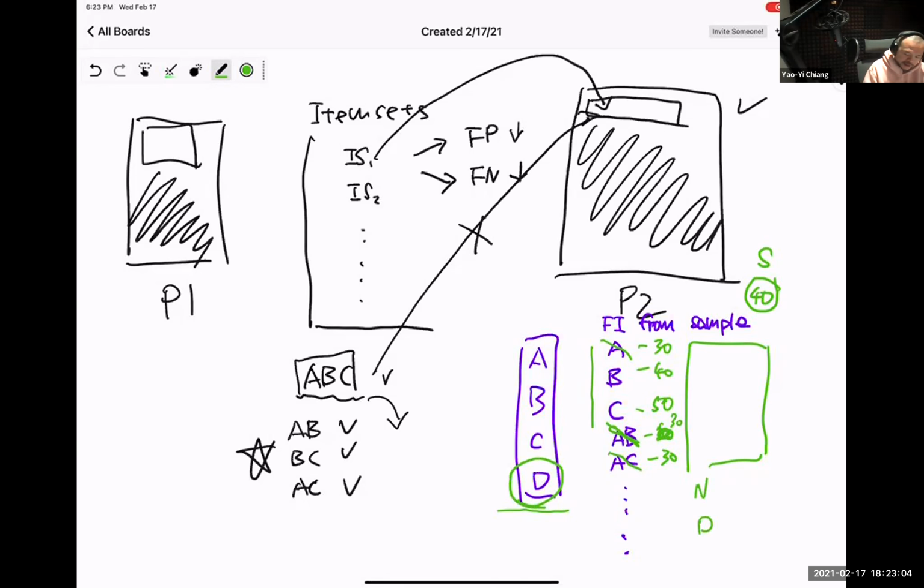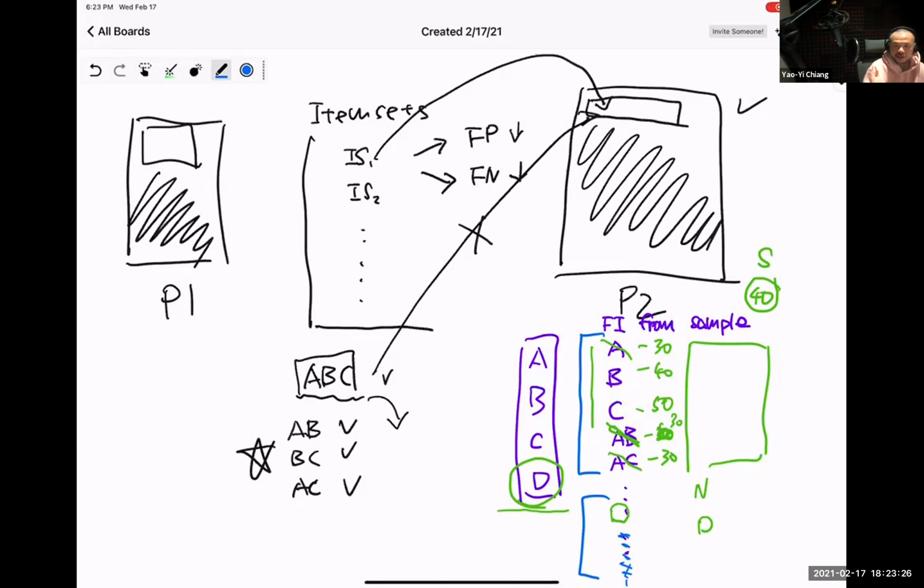Which means in your second pass, you have to count how many times D occurs, right? Remember we said in the second pass of the algorithm, you have to count all the frequent itemset candidates, and you have to count all the negative borders. I'm ignoring all this other stuff. I'm just focusing on single items now.